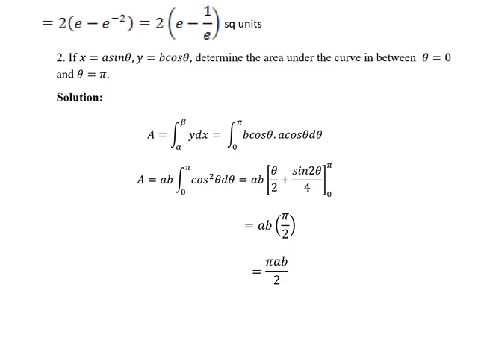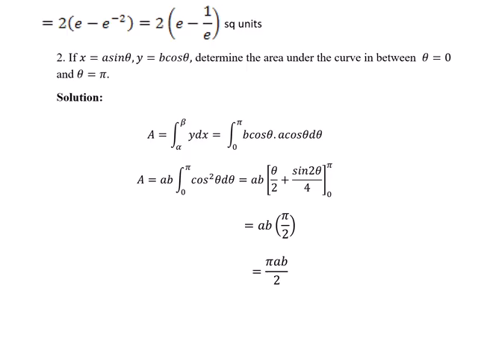Then into bracket minus, anywhere you see theta again, we substitute 0. We have 0 over 2 plus sine 2 times 0 all over 4. Then we will do the evaluation and get the answer as pi ab all over 2. So that is the answer to that.